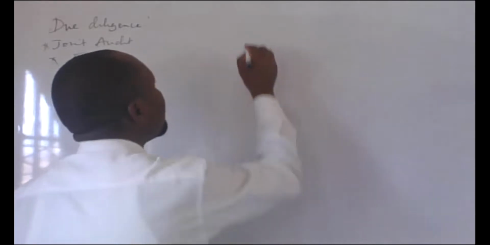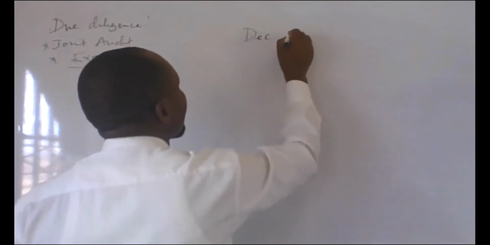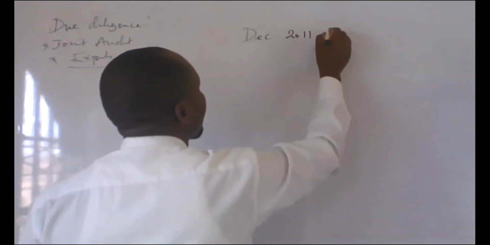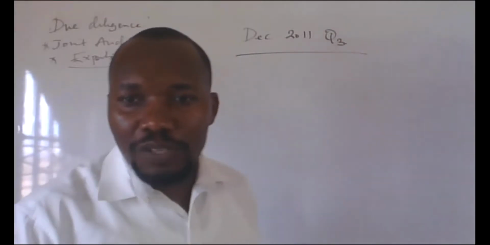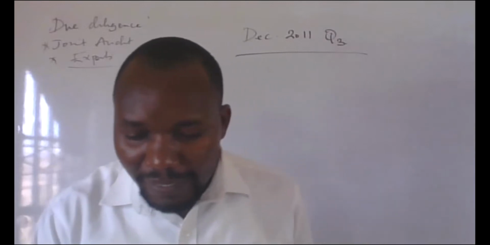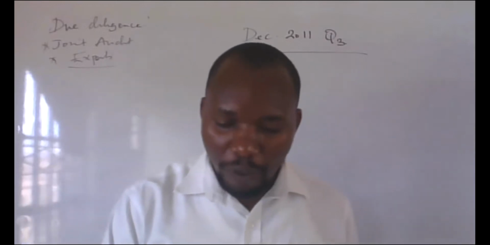The question was asking, explain the term joint audit. That was part 1.